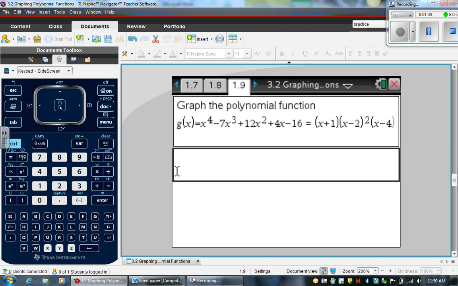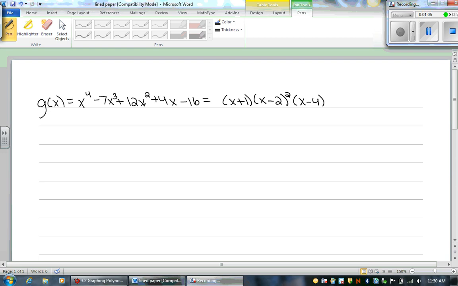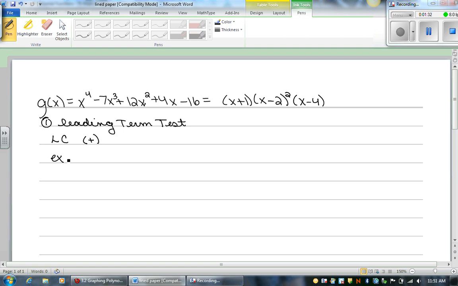We have my function right here, and it was very nice to you, and it is already in factored form for you. We're going to start by talking about that leading term. Step one is my leading term test. We look at the leading coefficient, which we know is a positive 1, and then my exponent, which is even.